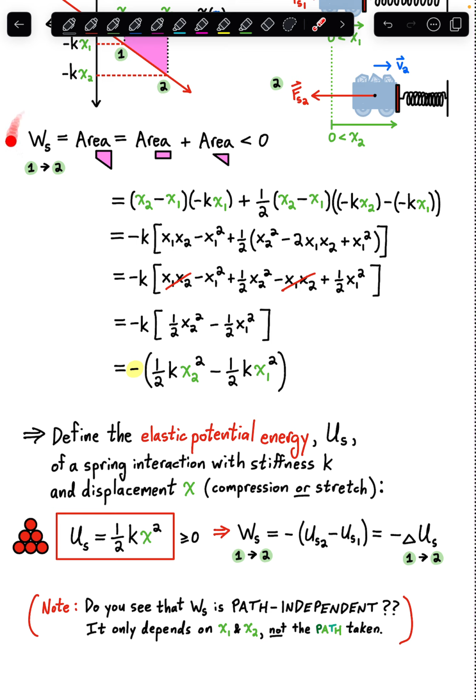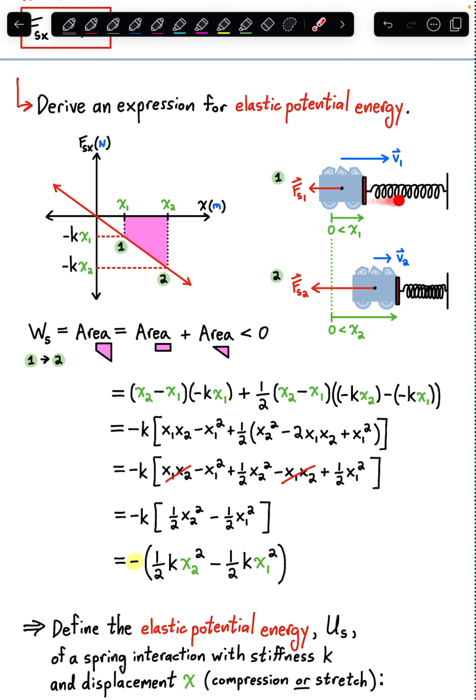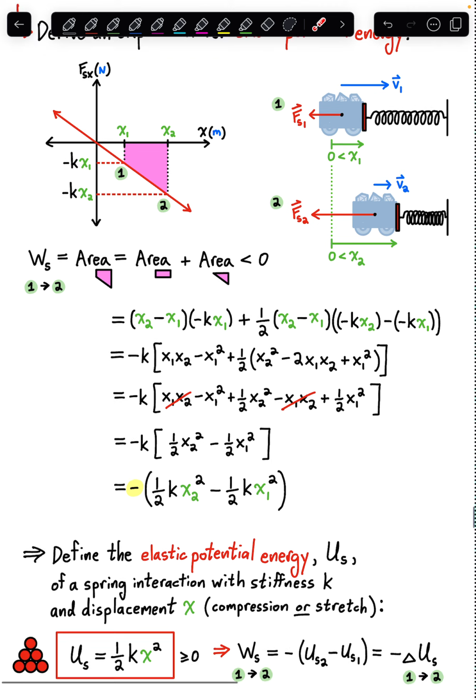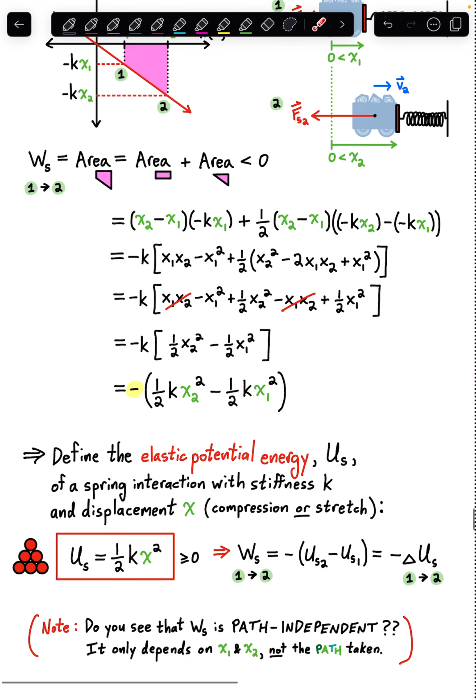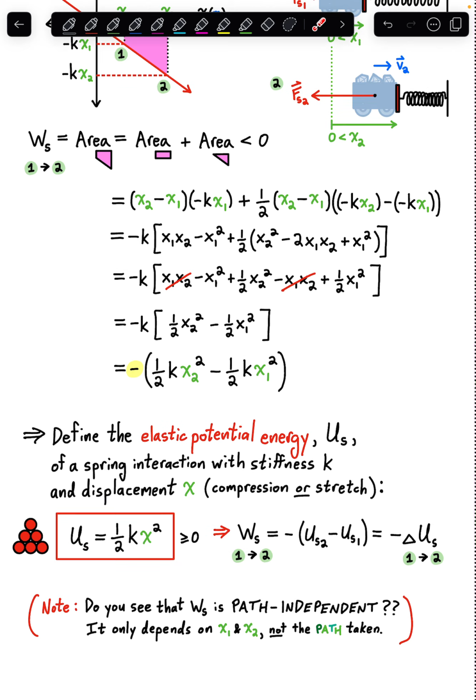That is, the work done by the spring can be found from this expression, depends only on x2 and x1, not any of the x's in between, not how long it took to get from x1 to x2, not how many times the mass perhaps oscillated back and forth before arriving at x2. Nothing about the path matters, only the initial position and the final position. That's path independence for the work done by a conservative force.